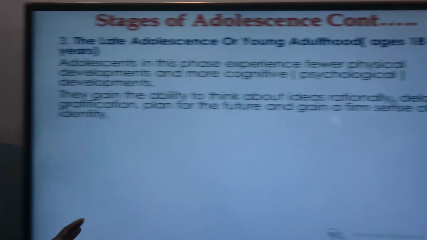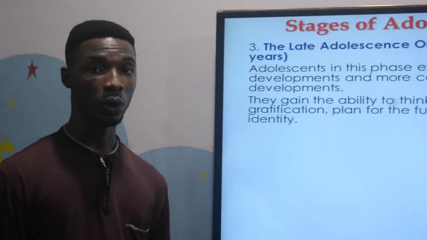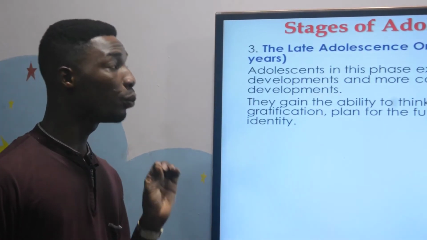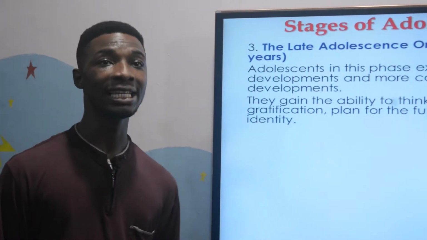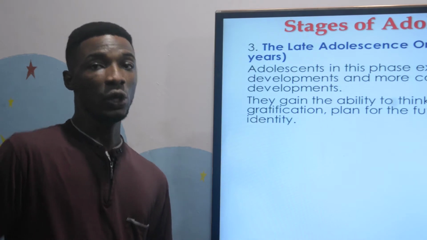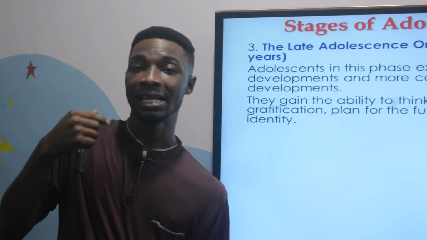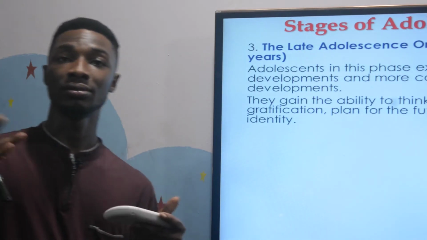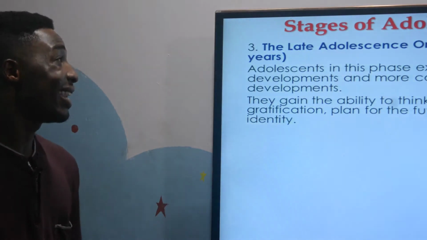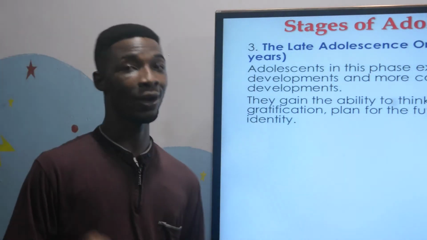At this stage, physically, they are already grown or matured, but morally or psychologically, they are now developing. So they develop more cognitive and psychological transitions in the late adolescence or the young adulthood.